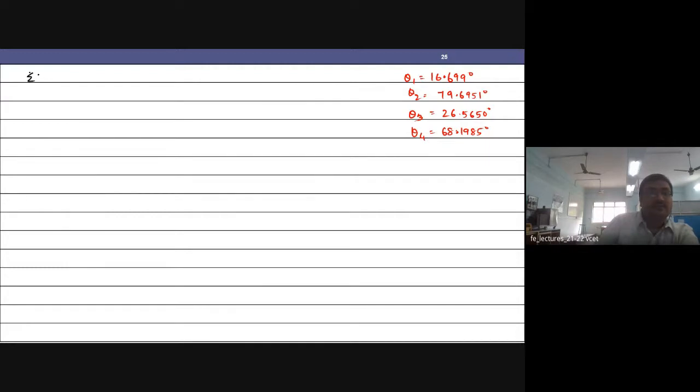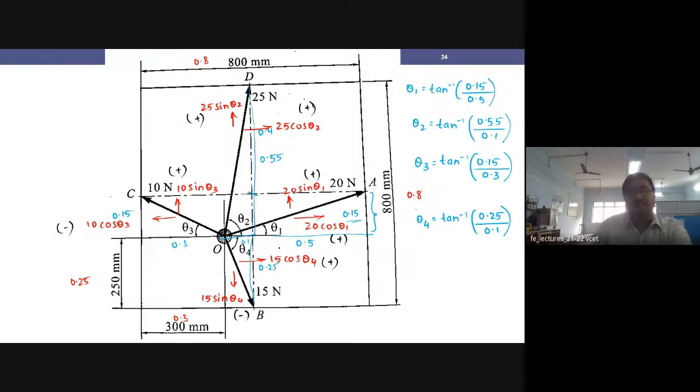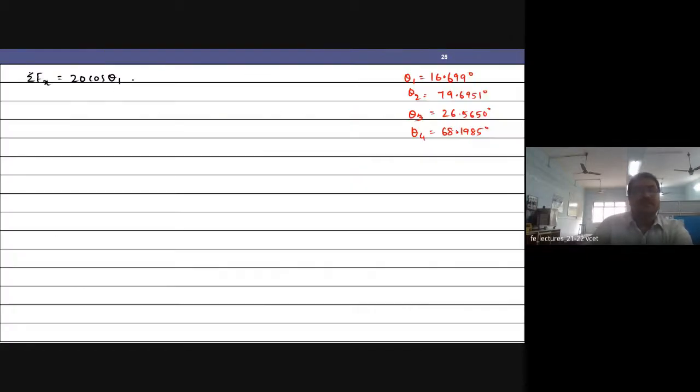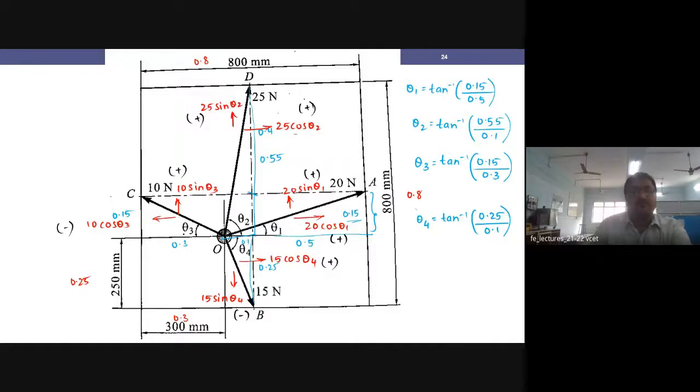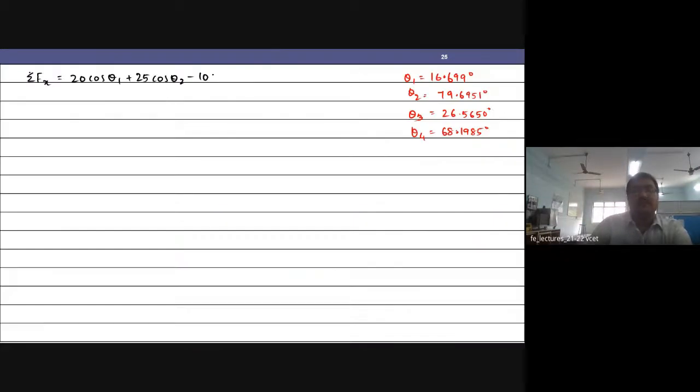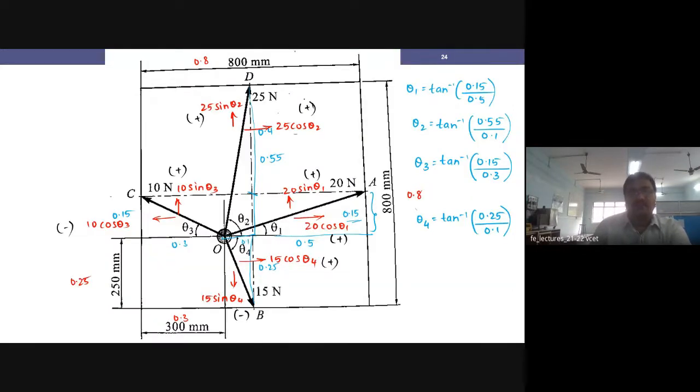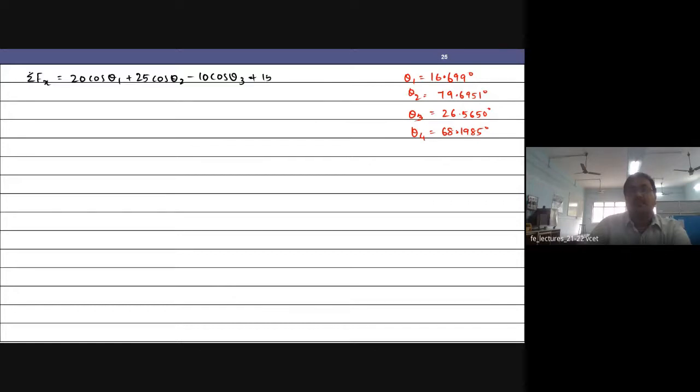Here I'll be writing the expression sigma Fx equal to 20 cos theta 1 plus 25 cos theta 2 minus 10 cos theta 3 and plus 15 cos theta 4. So I can substitute the angles and I can get the value.